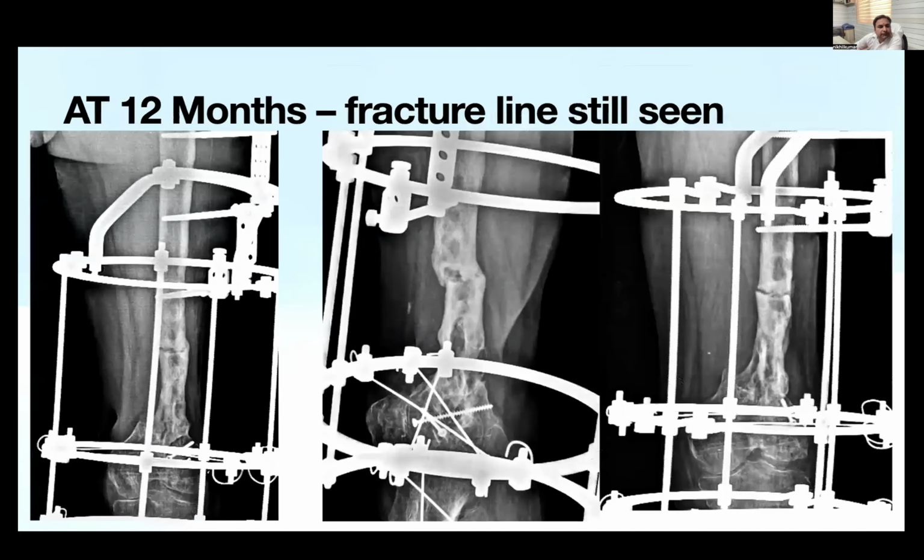After 12 months, the fracture line was still there. We wanted to dynamize, but after dynamization the patient had pain, so we again tightened the fixator and allowed walking. The patient was doing all his agriculture activities since 6 months after surgery.